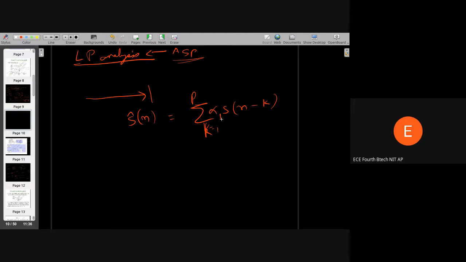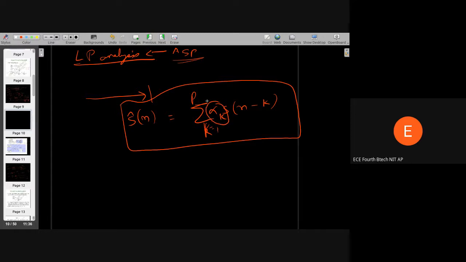This is the formulation of LP analysis, and LP analysis allows us to find those weights. In source filter theory, we also see that we can represent the speech signal in terms of its previous samples. And LP analysis fits into that model perfectly. So we go for LP analysis.